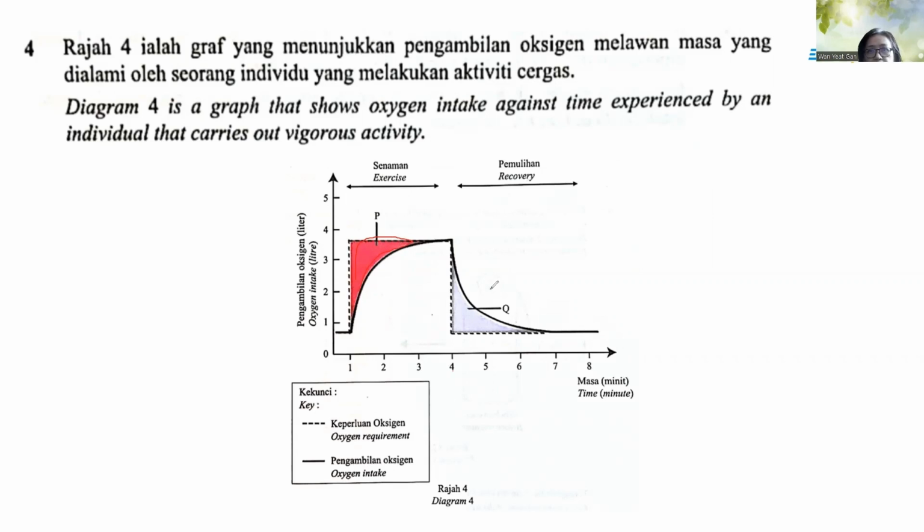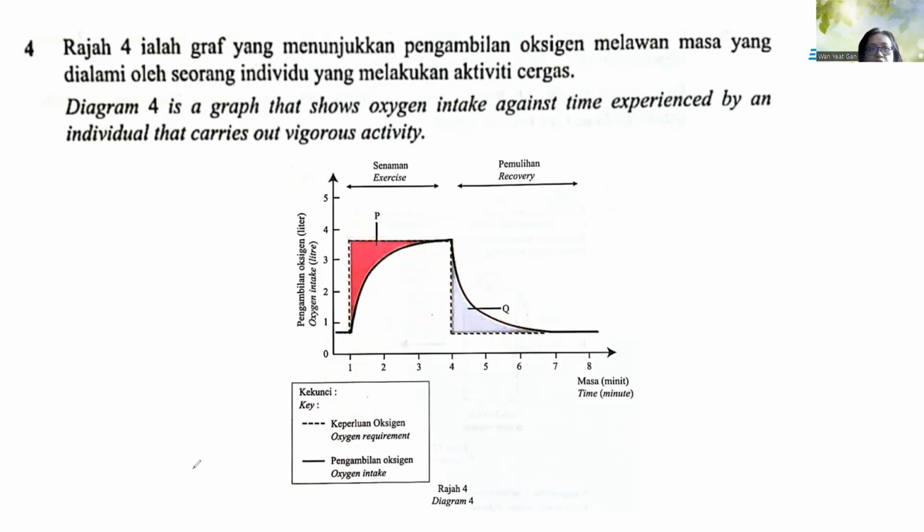And then when the person recovers after running, this is the amount of oxygen intake that is required to replace or to pay back that oxygen that was insufficient during exercise.